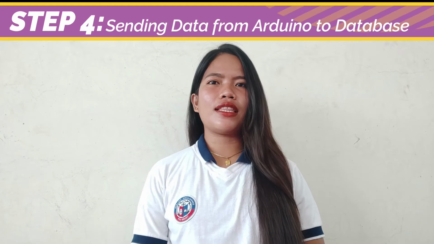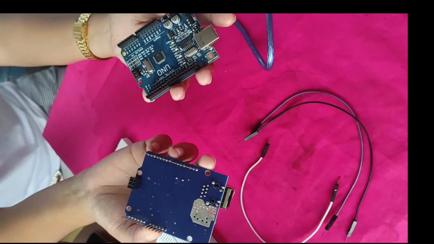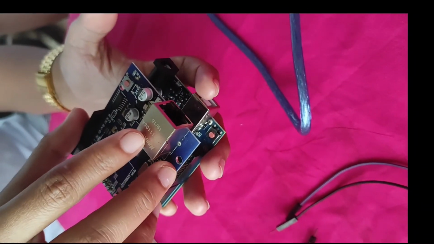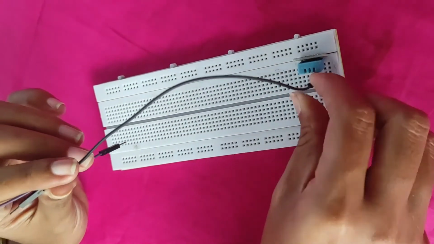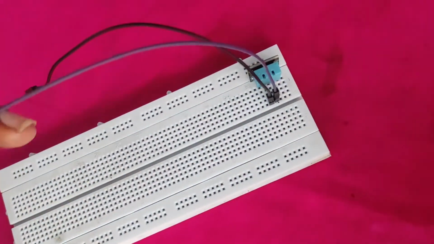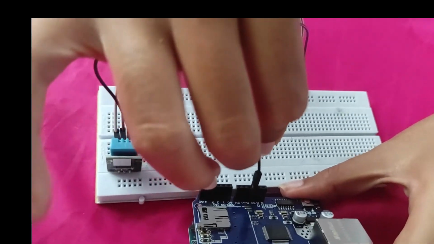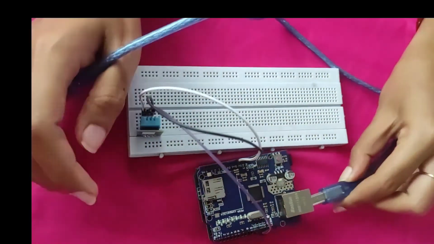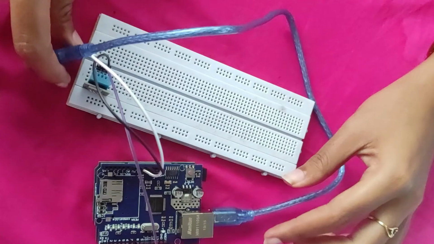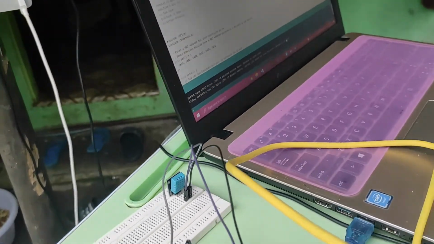Step 4. Sending data from Arduino to the database. Before going forward, you need to check whether the Ethernet shield is working or not.